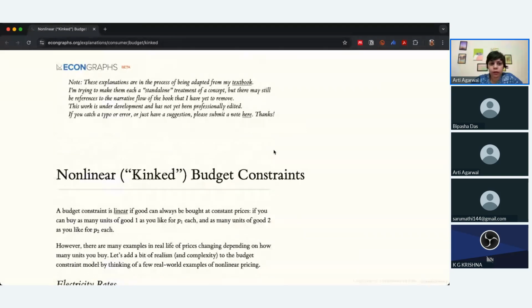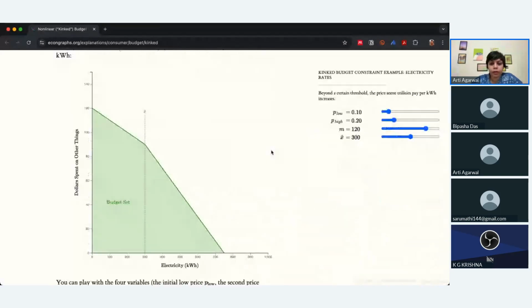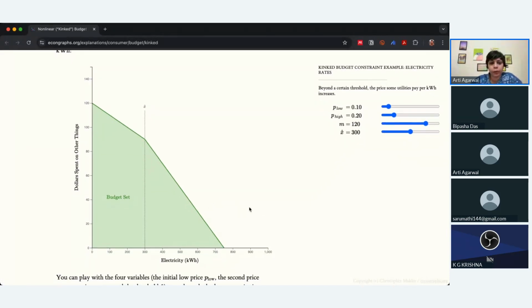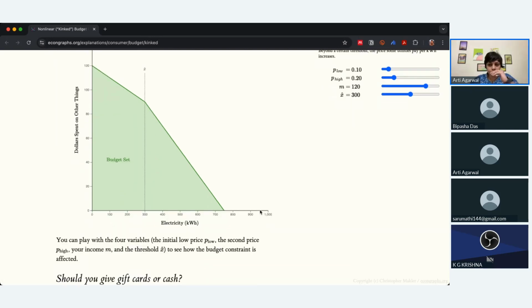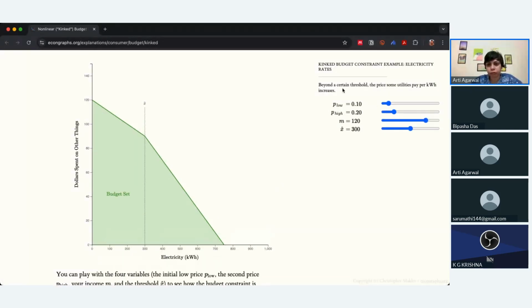So this is an interactive visualization of similar kinds of questions to what we were discussing last time about the budget set. Here you can change these values and see how the budget set is changing with the available income and with the slabs.